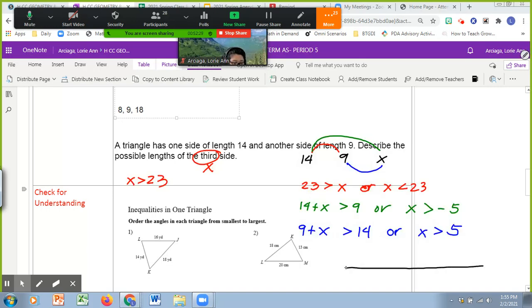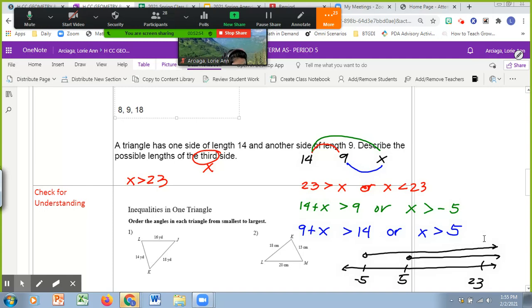If you look at the number line, maybe you're wondering, Liz, I gotta do all that for that one problem? Okay, so this is -5, this is +5, and I'll just put 23 right there. So greater than -5 goes right there. Greater than 5 goes right here. Remember this from algebra 1?